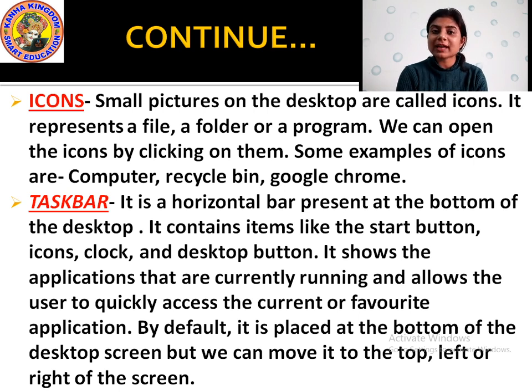From it we can access our work easily, even if we close our work. The default place of this taskbar is at the bottom of the screen, but we can also move it to the right side or the left side of the desktop screen. Okay.